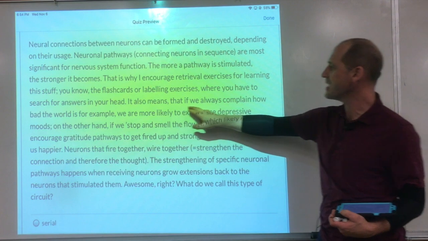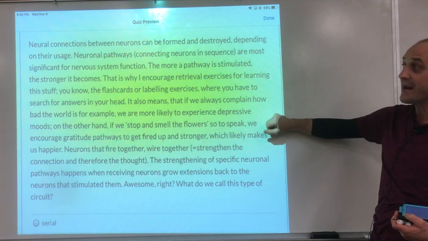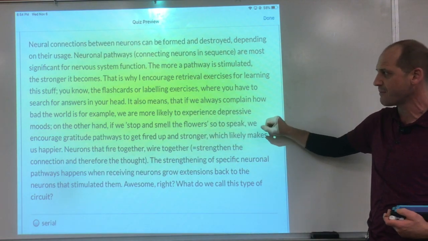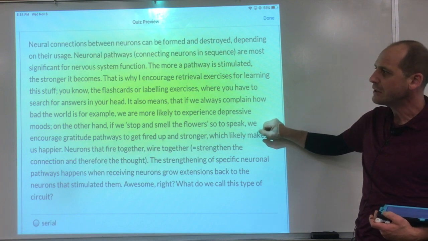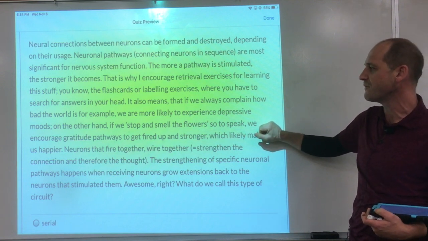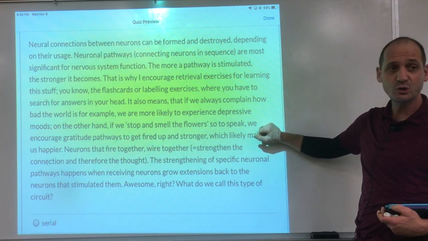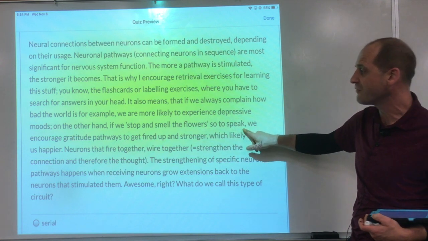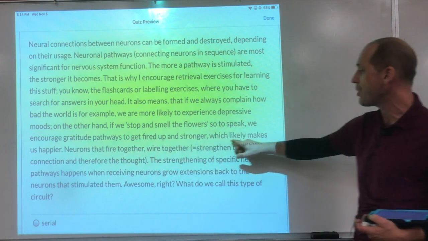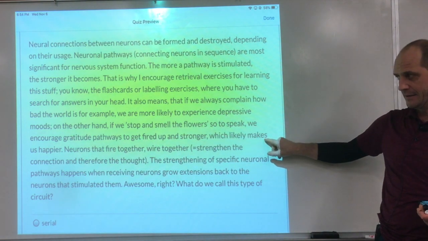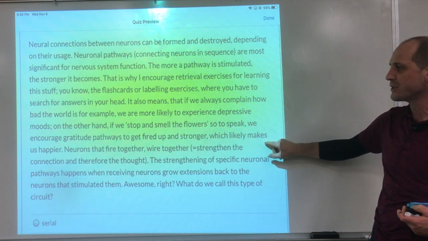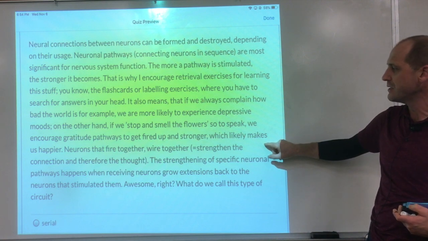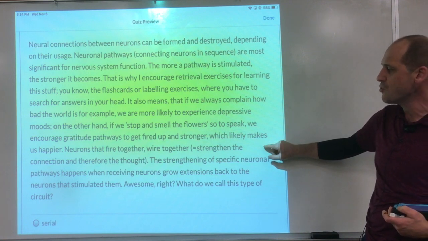It also means that if we always complain how bad the world is, we're more likely to experience depressive moods. On the other hand, if we stop and smell the flowers, so to speak, we encourage the gratitude pathways, fire them up and get them stronger, which most likely makes us more happy. Neurons that fire together wire together. The connections are strengthened, the groove gets stronger.